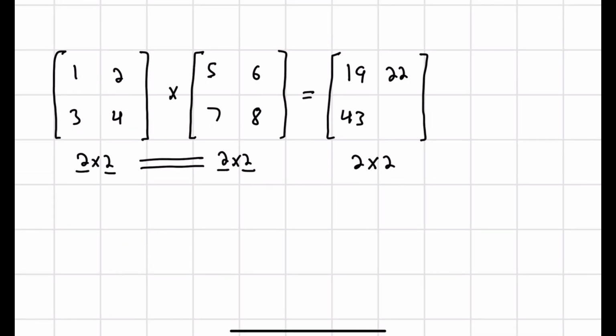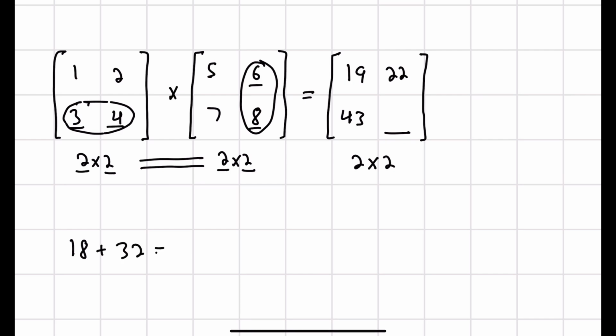Finally, for the bottom right cell, we would have to calculate the dot product for the bottom row of our first matrix and the right column of our second matrix. So we have 3 times 6, which gives us 18, plus 4 times 8, which gives us 32, and that results in 50. So for our bottom right cell, we would have 50. And this is our final answer.